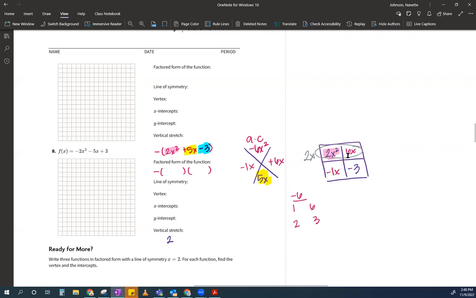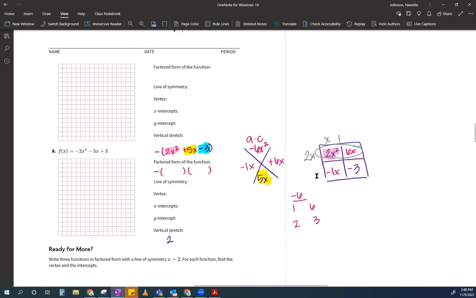Because there's a 2 in both and there's an x in both. So 2x times what gives me 2x squared? Very good. X. And then 2x times what gives me 6x? Very good. Plus 3, not 3x, just 3.